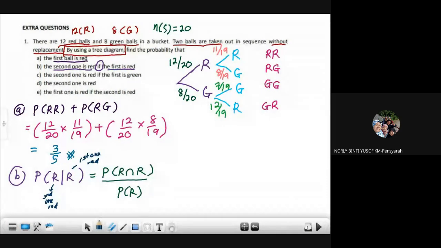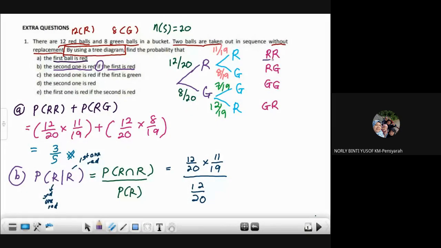Because you know that from the tree diagram, you take RR, red, red. So sama dekat sini, probability of RR is the one that you calculate for the probability of red, red. So you need to calculate from the tree diagram, you put as 12 over 20 times 11 over 19, over probability of red is 12 over 20.